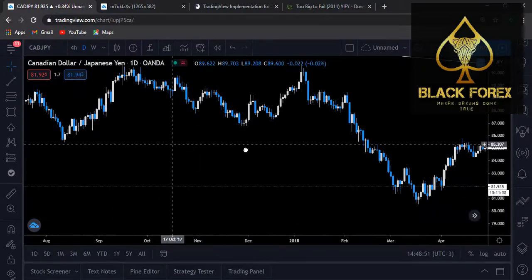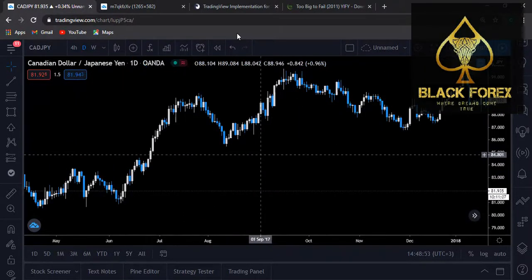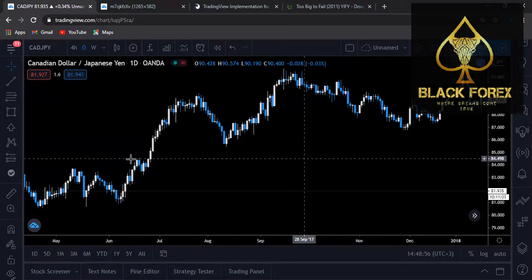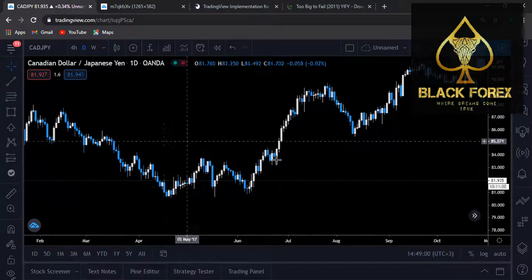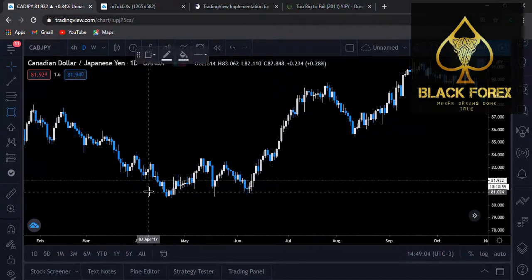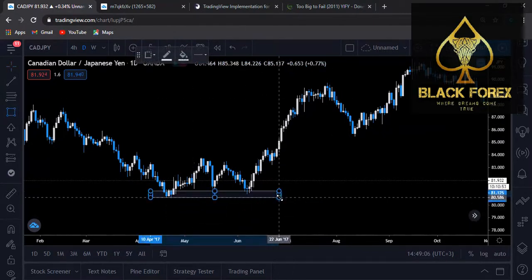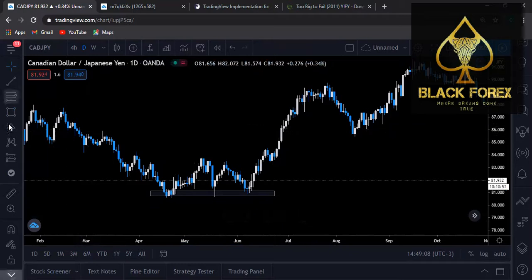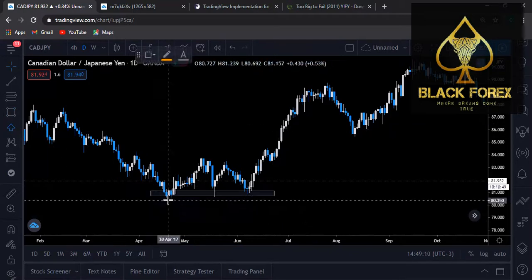So I'll be trying to minimize the time as much as I can so that we can save each other time. Oh yeah, I think I found it. Yeah, here it is. We do have a triple bottom.